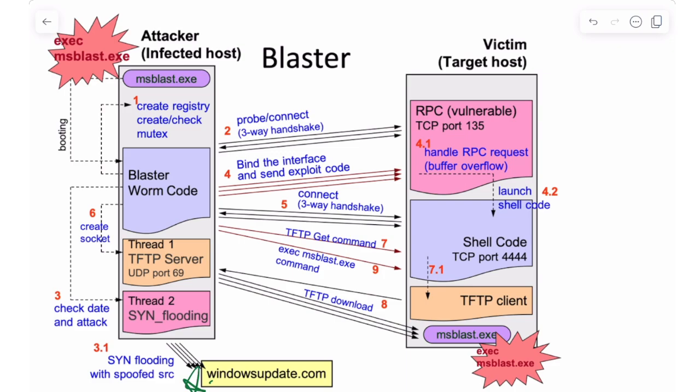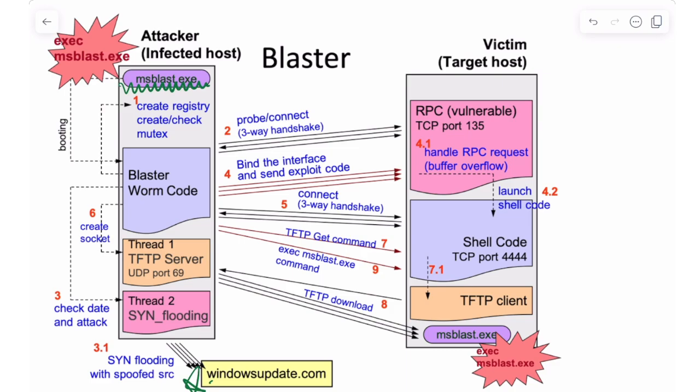Okay, you don't have to know how the attacker gets the very first file, which is msblast.exe. It is an executable file of the blast worm. Somehow somebody executes it.